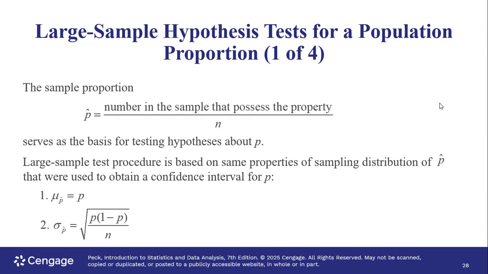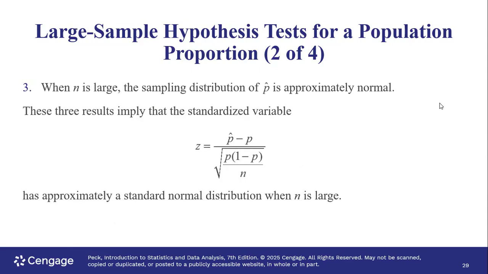So what is sigma p hat? It is the standard deviation of the sampling distribution of p hat. Basically, it tells you how much the curve is spread around the mean or the center. Sometimes the standard deviation of the sampling distribution is called standard error.